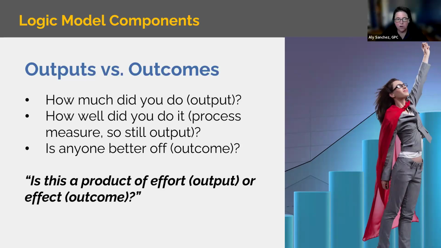Outcomes, on the other hand, are where you get into the sort of did it matter question. So outcomes are measures of the effect, which you have less control over. These really capture changes in thoughts, beliefs, skills, behaviors, attitudes, conditions, experiences, that sort of thing. So this could be learning about local tribal cultural practices.